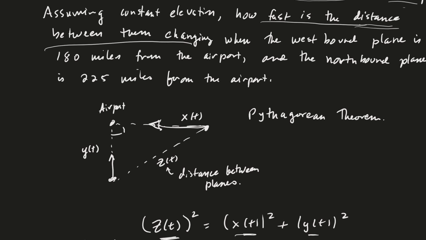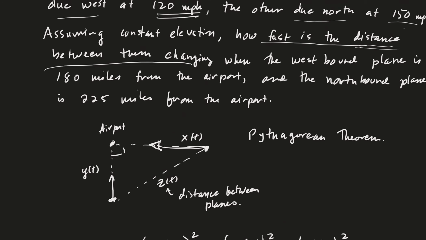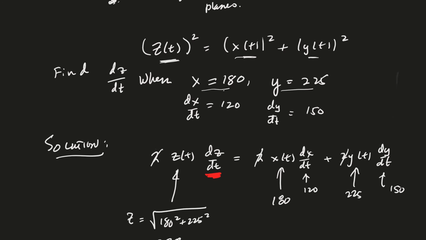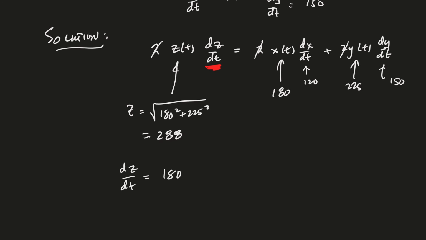The speed is 120 miles an hour, but what is the velocity? Does everybody know the difference between speed and velocity? Just as a side remark, speed is the absolute value of velocity.